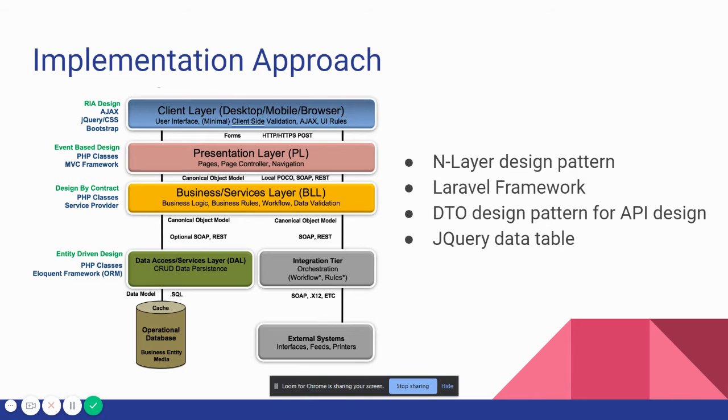So for implementation, we use the n-layer design pattern that I mentioned before. For the presentation layer, we use Laravel Blade to have all the views set up and use the layout that we set up that looks really nice, which I'm going to show you later.